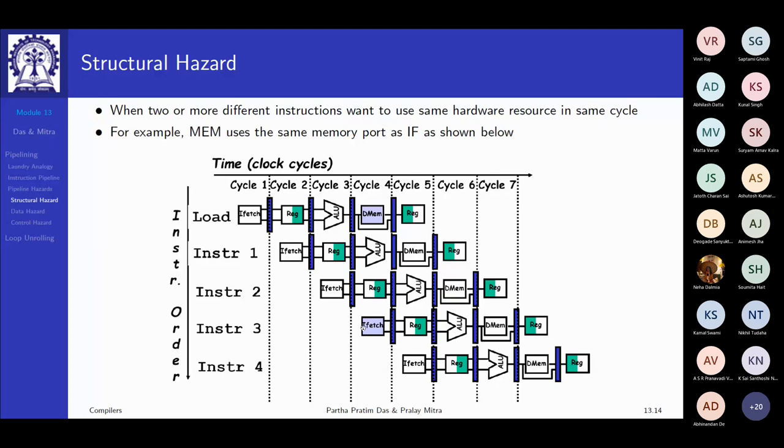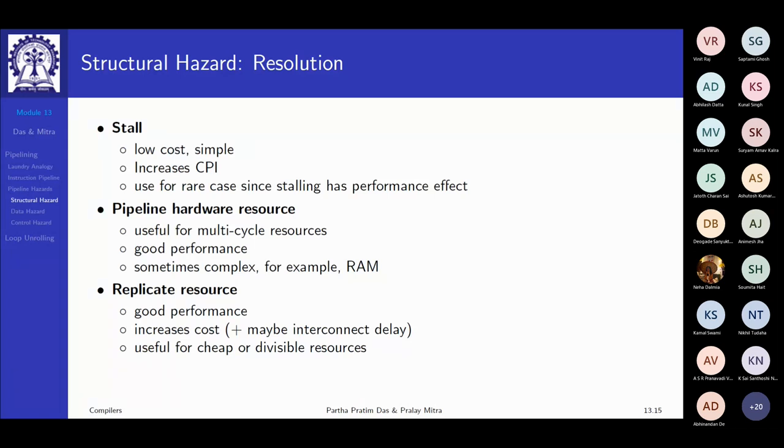If you have that, then you will have to stall the pipeline. I mean, either hold this load instruction from doing anything, or stop instruction 3 from fetching in this cycle. So by stalling, that is inserting NOPs, you have a very simple solution, and the compiler should be able to analyze the program and decide when the stall is needed.